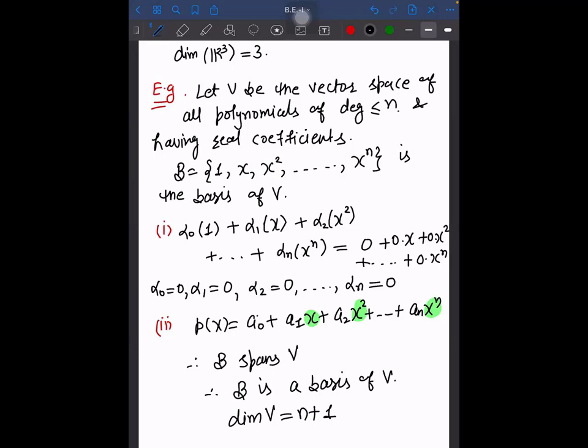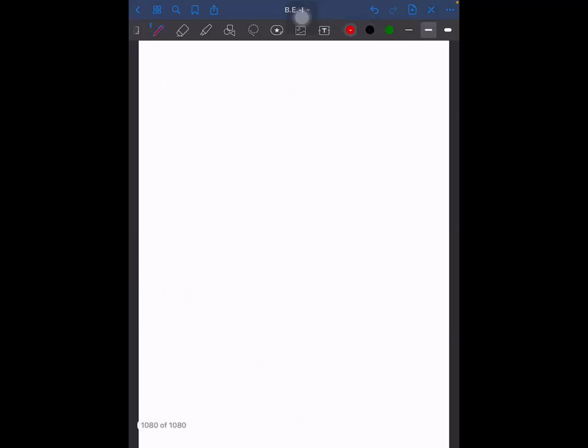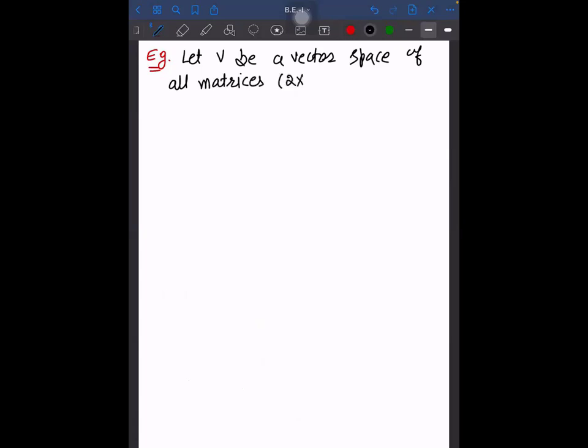So now let's do one more example. Let V be the vector space of all 2 cross 2 matrices with real entries.